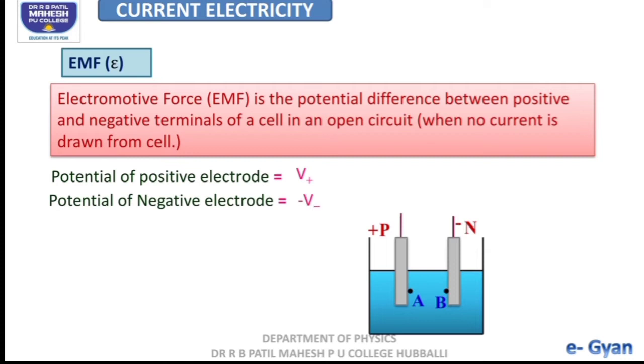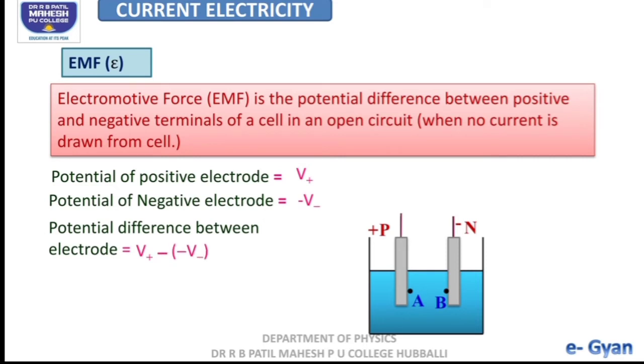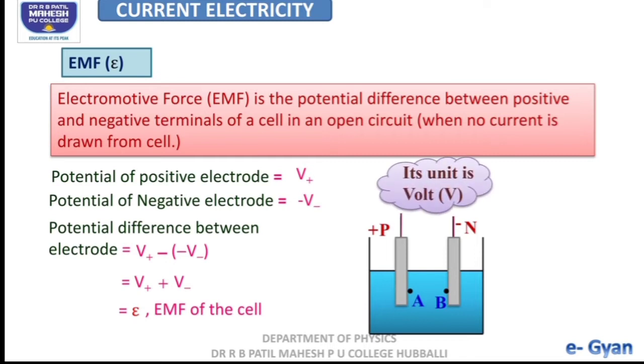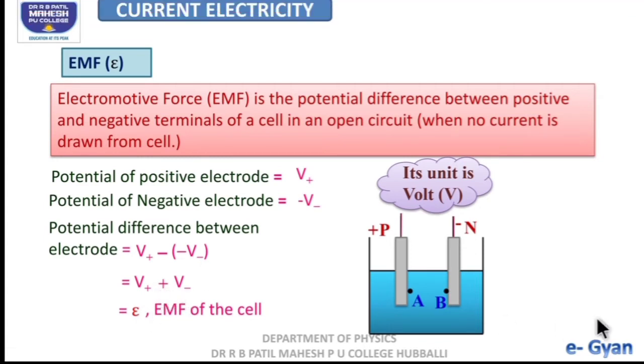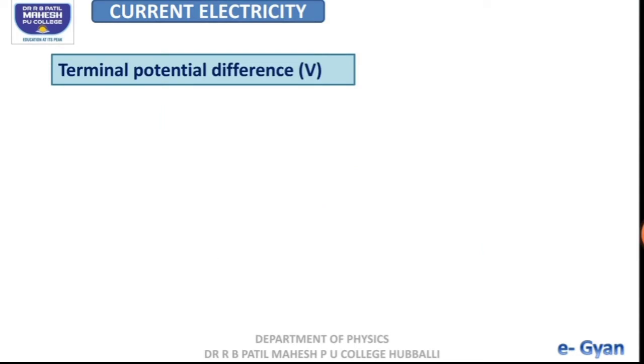The potential difference between the positive and negative electrodes of a cell is equal to V plus minus of minus V minus, that is equal to V plus plus V minus, that is equal to E, and this E is called the EMF of the cell. Its SI unit is volt. So EMF of the cell is equal to V plus plus V minus.